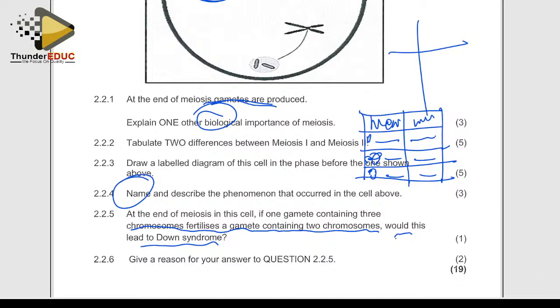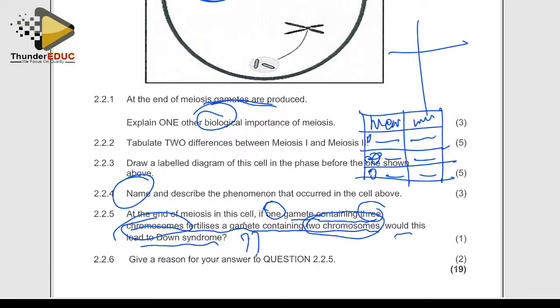So remember, at the end of meiosis, let's read again. If one gamete containing 3 chromosomes fertilizes a gamete containing 2 chromosomes, would this lead to Down syndrome?